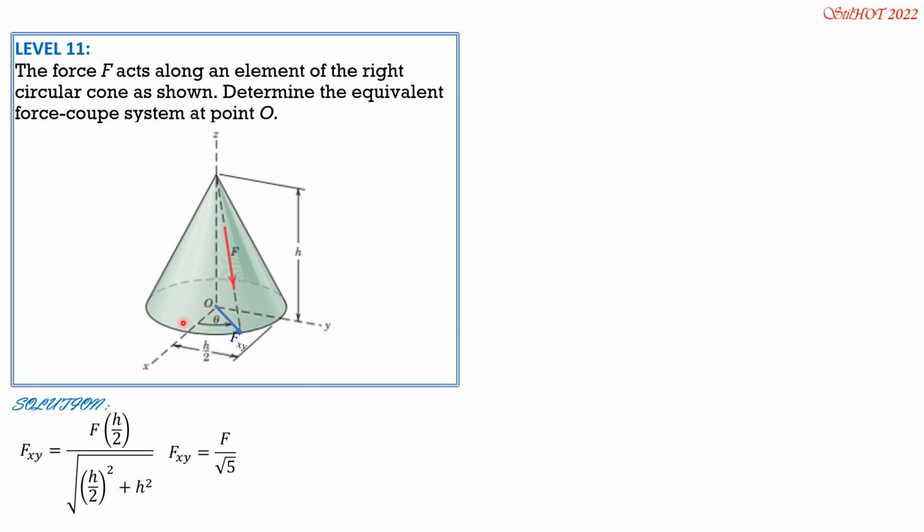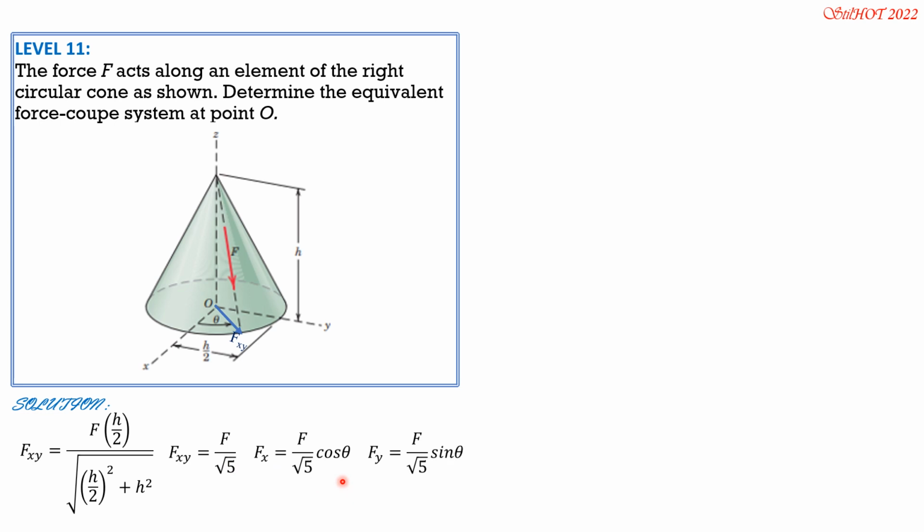Then this is Fx in this direction. It is adjacent to theta. Therefore, Fx is Fxy, F over square root of 5 times cosine of theta. Then Fy is in that direction, opposite of theta. So it is Fxy, F over square root of 5 times sine of theta. So that is Fy.